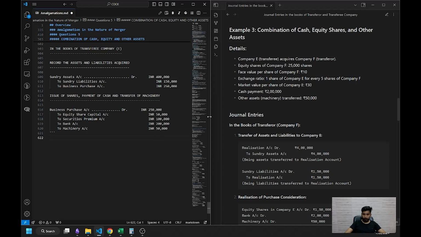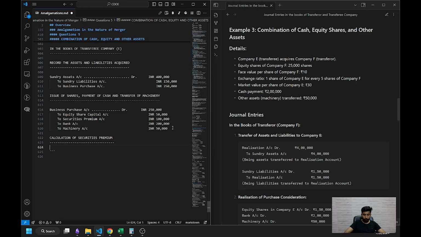That is the point. It is mentioned here, the calculation of securities premium. We talk about the calculation of the securities premium first here.